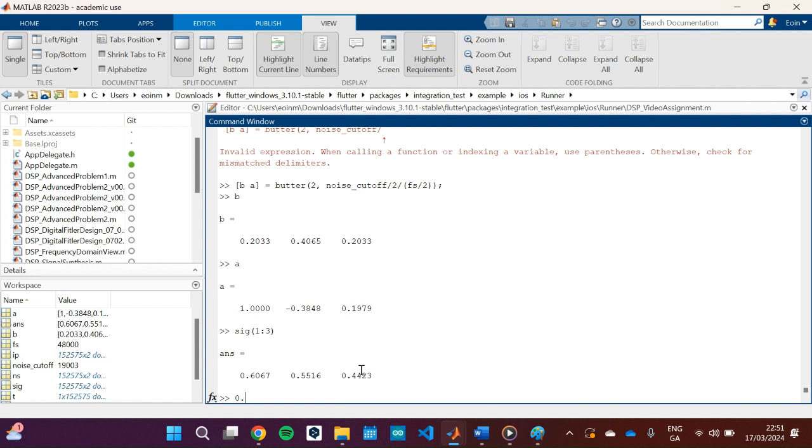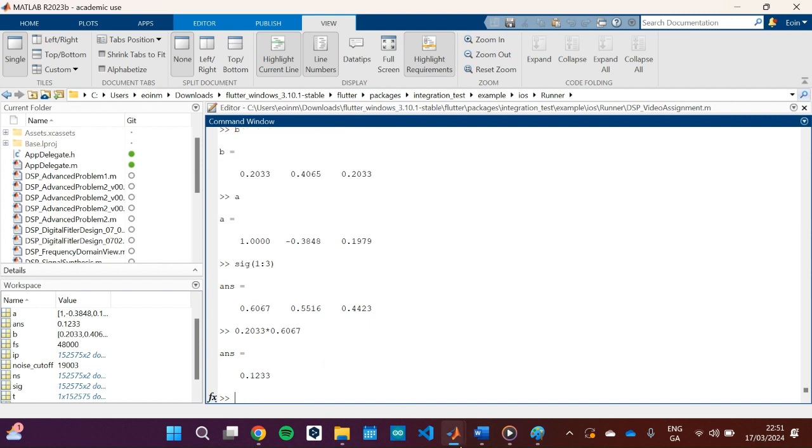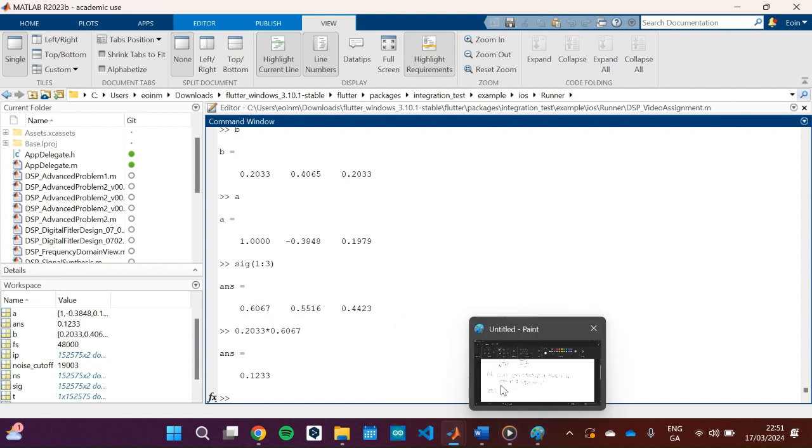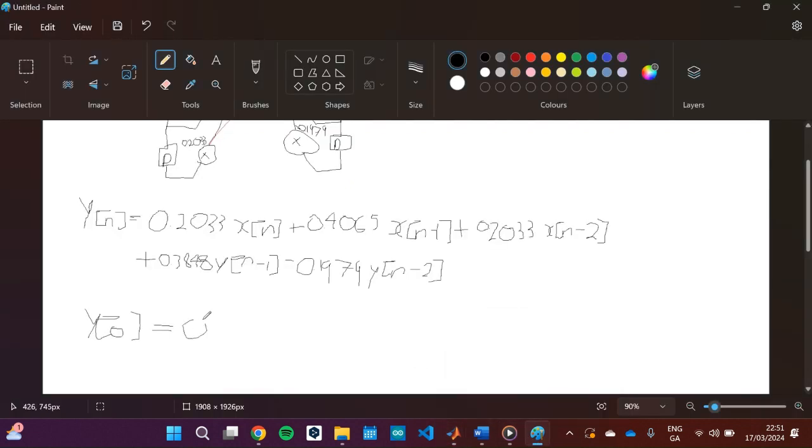So 0.2033 multiplied by 0.6067, 0.1233. I'm going to write that down just to save a bit of time, and then at the end I'll just check that they're all right. 0.1233.